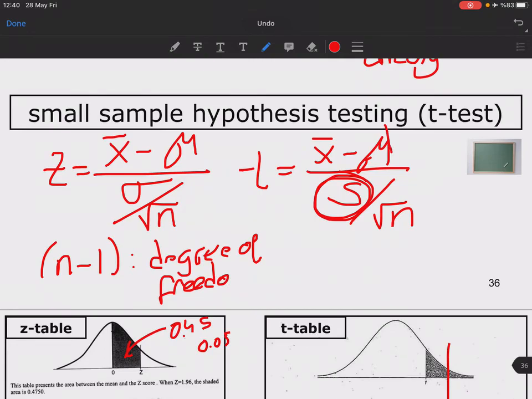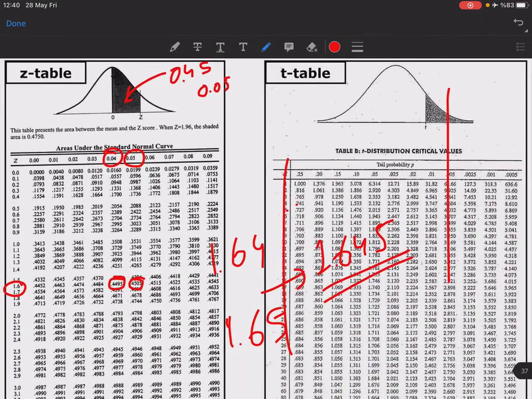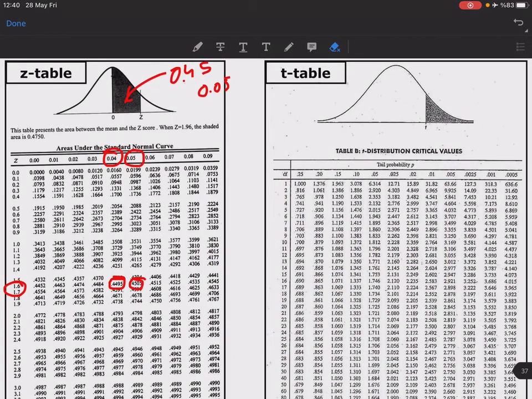The idea is you will rely on the t-table. Suppose again you have a one-tailed test, let's say 0.05 rejection region, and suppose that you have 10 samples or 20 samples.